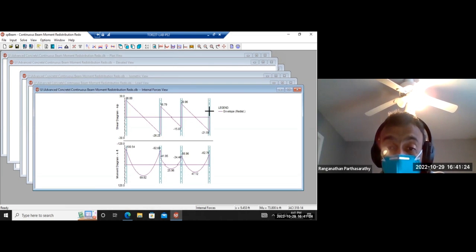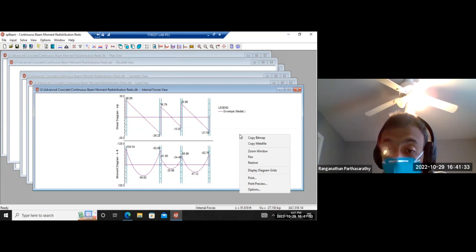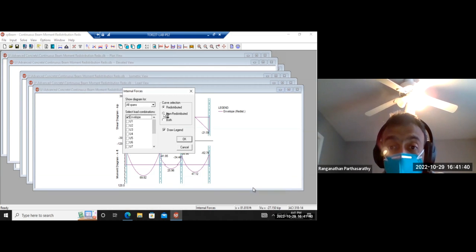Okay, so now this is the moment diagram. Now this is already redistributed, but we can compare. Go to options and do both redistributed and non-redistributed.